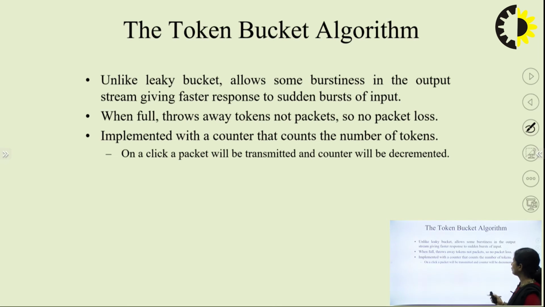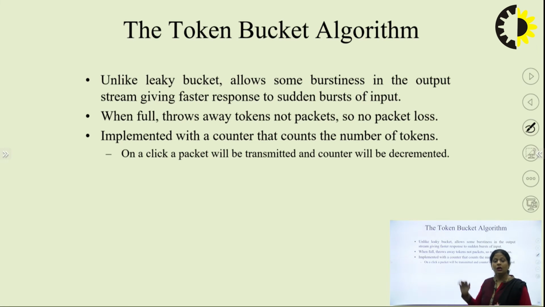So in short, unlike the leaky bucket, it allows some burstiness in the output stream, which gives a faster response to sudden bursts of input. When it is full, it throws away tokens, not the packets. So there is no packet loss.